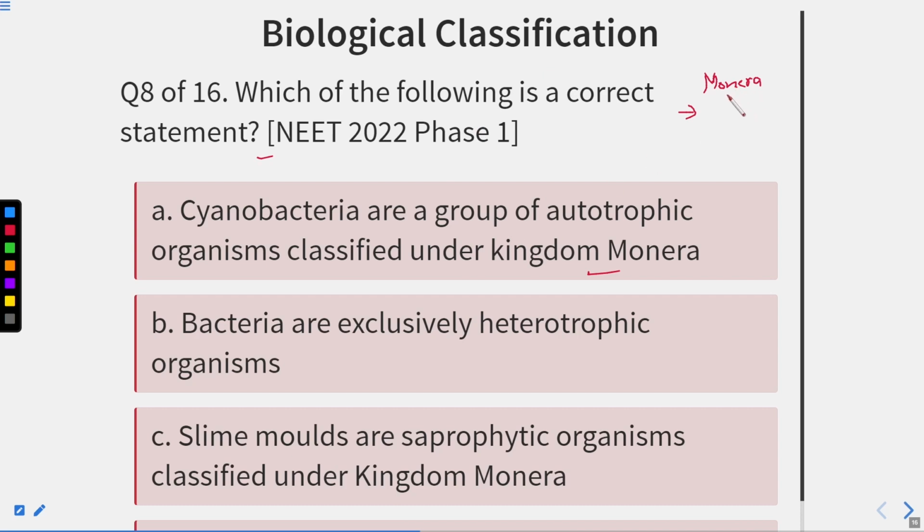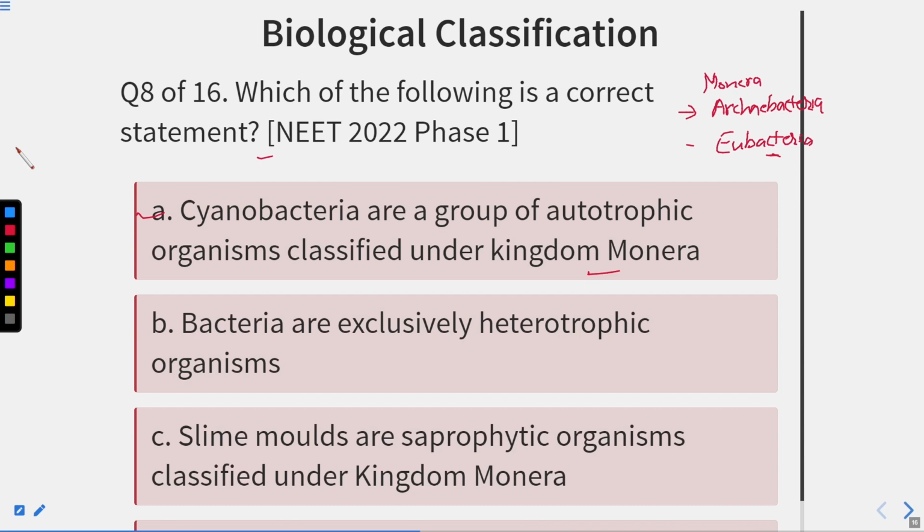Under Monera, what is included? First is the archaebacteria, which are the primitive bacteria, and then we have the eubacteria. Now cyanobacteria comes under eubacteria. So option A is correct.